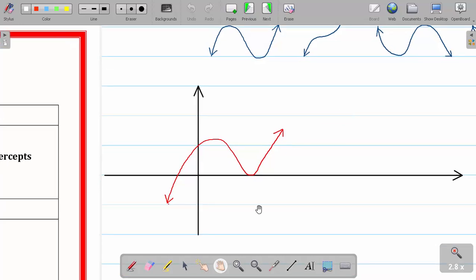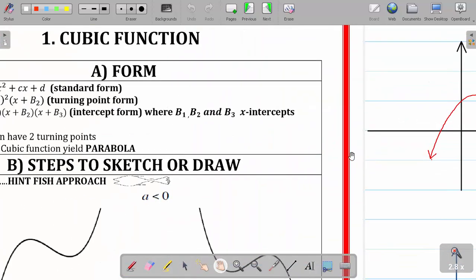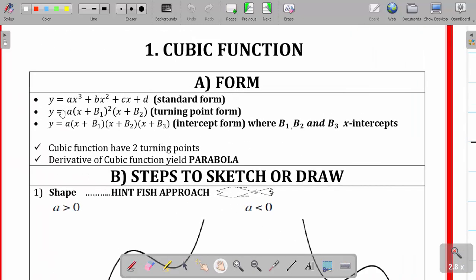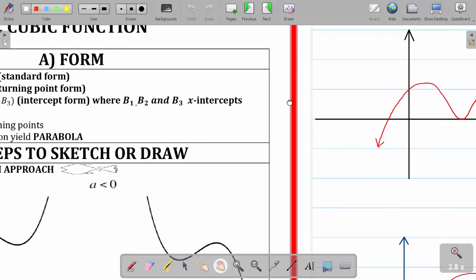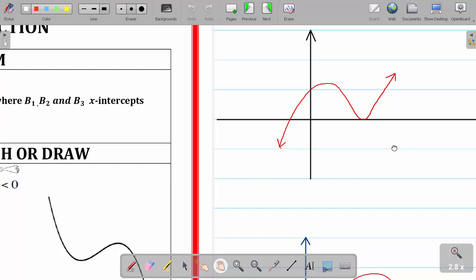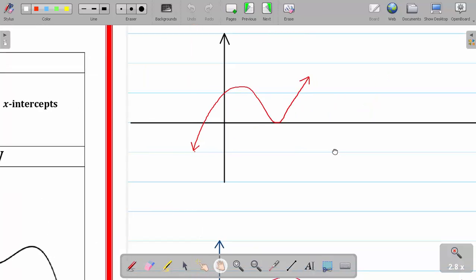Now let me explain again. If we have the turning point form, like in this case y equals a into (x plus b1) squared into (x plus b2), turning point means that is where we have a square. It means our cubic function is going to be turning at this b1 on the x-axis. In this particular case, for example, my function is turning at this point here.